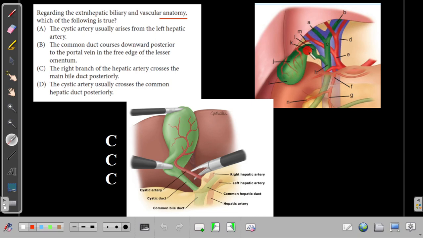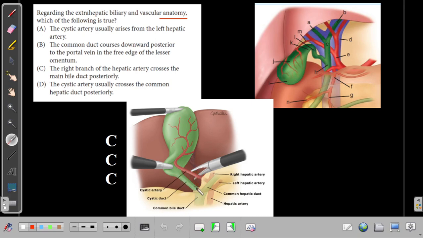Okay? Put in mind a very important concept about the critical view of safety you have to obtain during operation on gallbladder, cholecystectomy, whether open or laparoscopic. You have to identify two tubular structures going to the gallbladder, which are the cystic artery and the cystic duct.